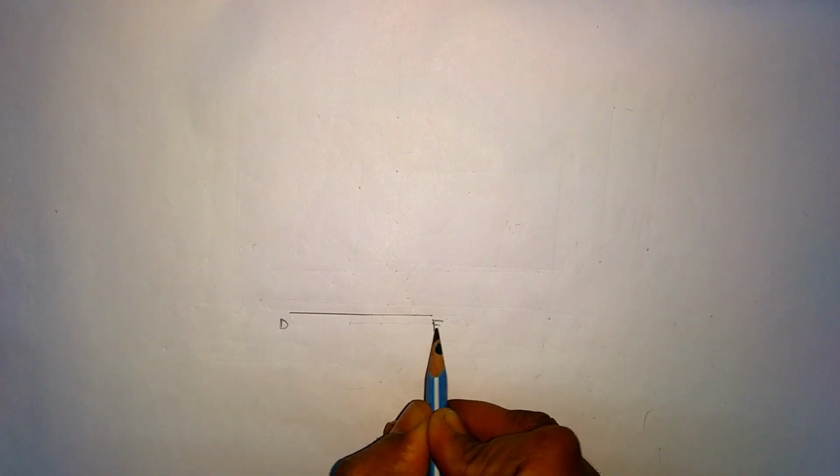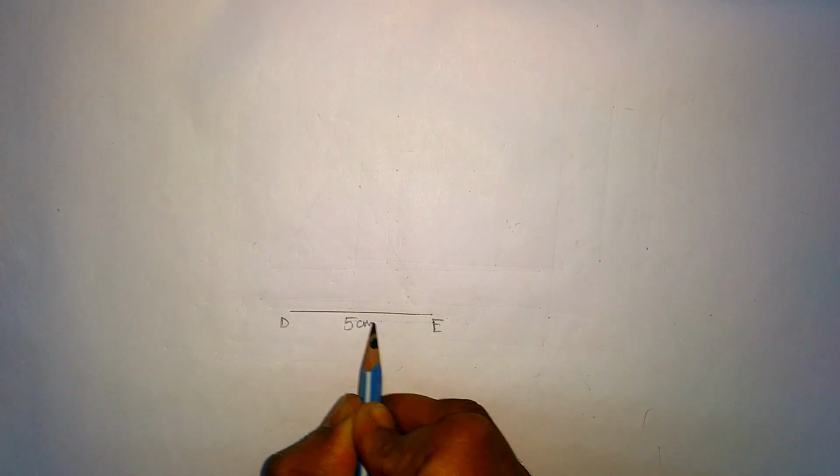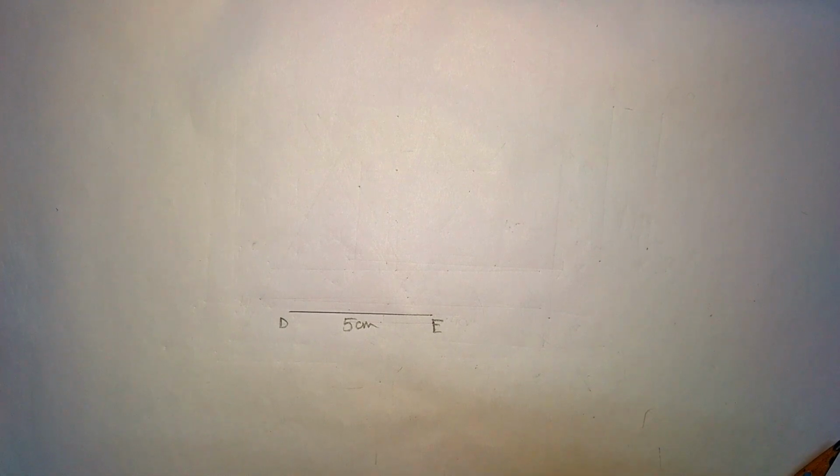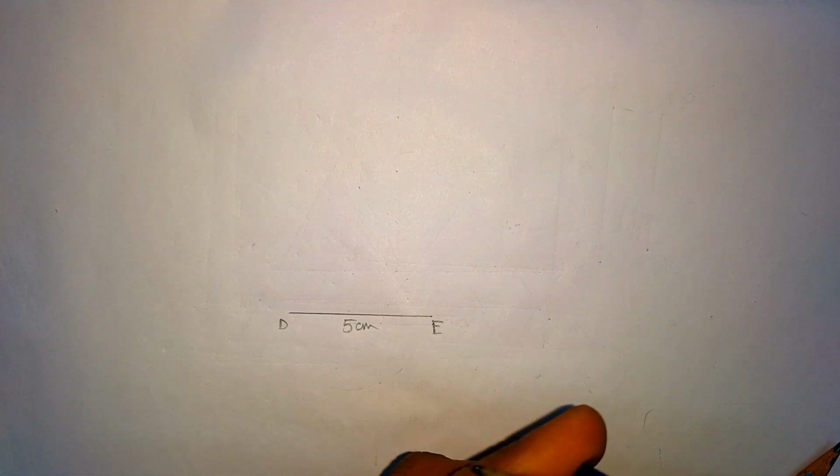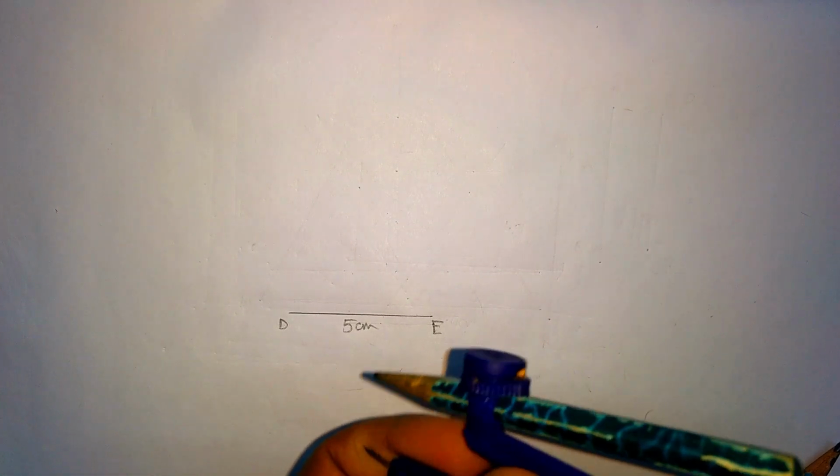DE, 5 cm. Now from point D, we have to construct an angle of 90 degree.